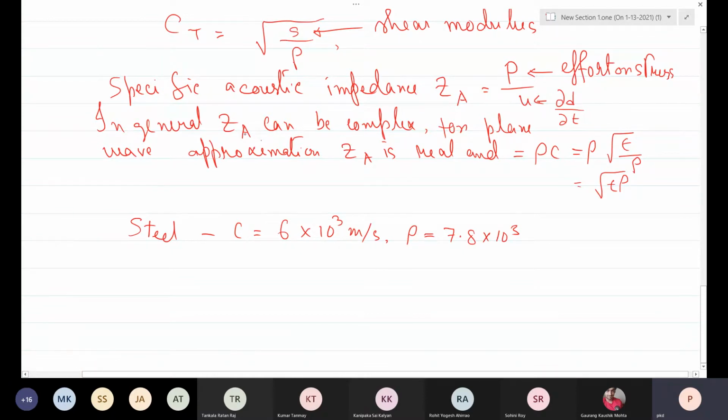So for solid like steel, the velocity is higher, around 6,000 meters per second, and the density rho is 7.8, that is 7,800 kg per meter cube.